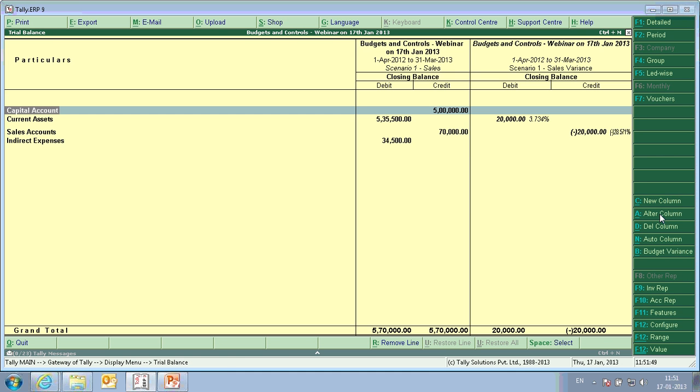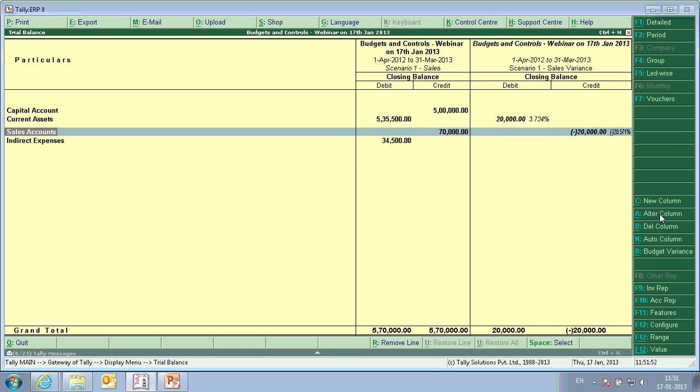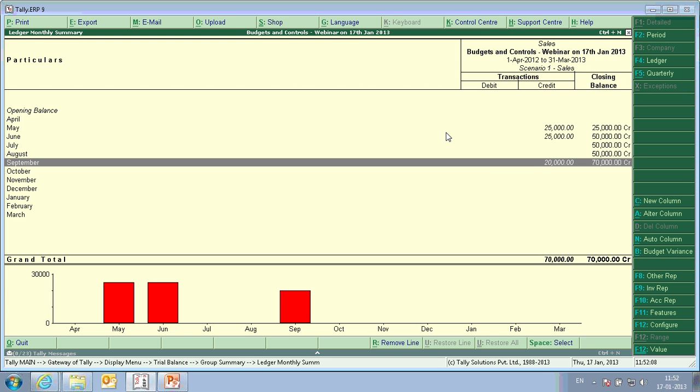So now you can see the scenario over here. It says 70,000, which I am taking. So for the scenario, if I want to see, it is 70,000, it says, right? Because it is including the 20,000 also, which I have passed now.